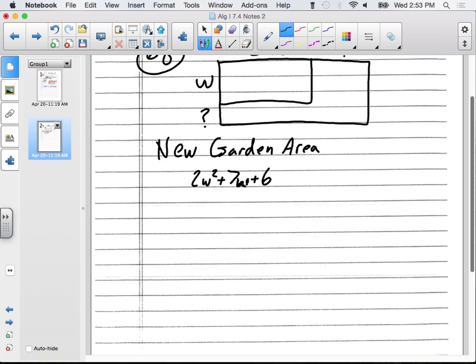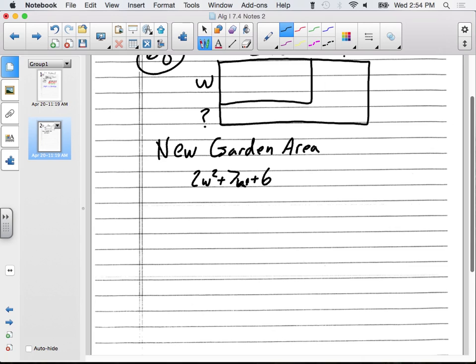Hope I got that right. So that's the area of the new rectangle, of the whole thing, right? So if we factor that, what would we be finding? The length and width, we'd be finding the dimensions of the big one, right?